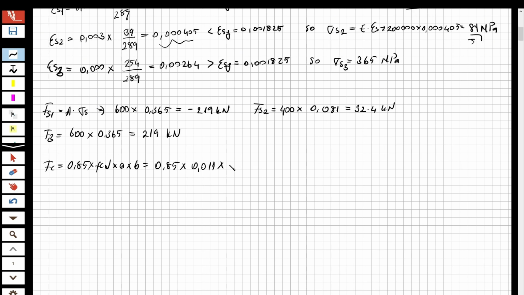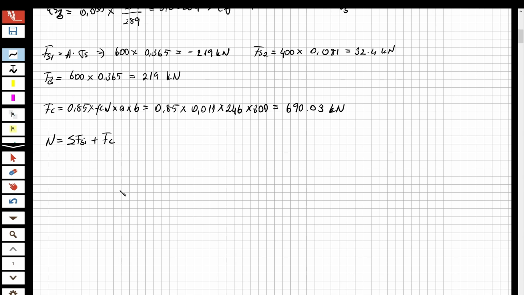So this is going to be 246, yeah, right? And multiply by 300, and this is going to be equal to 690.03 kilonewton. Now you can see that we also got F concrete. So let's determine the actual force. The actual force was the total of FSi plus also F concrete.